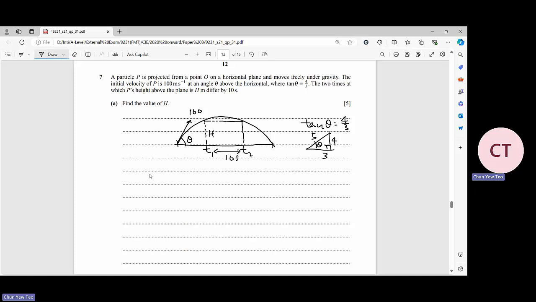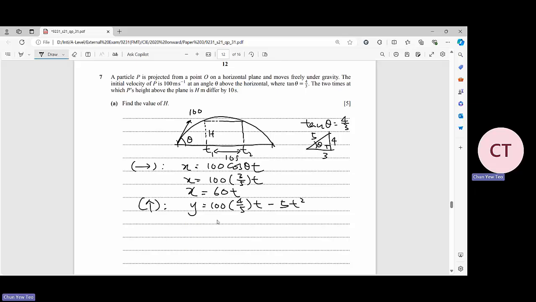Now this diagram is for you to refer to. Since this question involves time, I will use the horizontal displacement and the vertical displacement. My horizontal displacement is 100 cos theta t, and my cos theta will be 3/5. So this will be 100 times 3/5 t, so x is equal to 60t. Then the vertical displacement, y, is 100 sine theta t minus 5t squared.